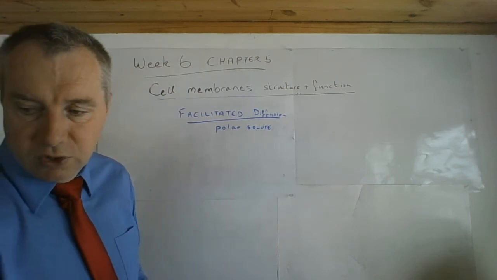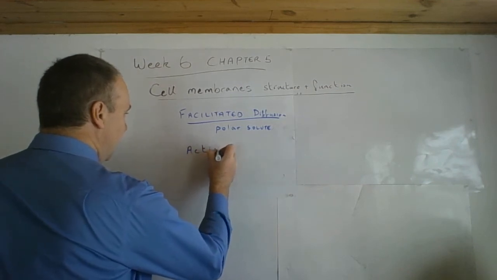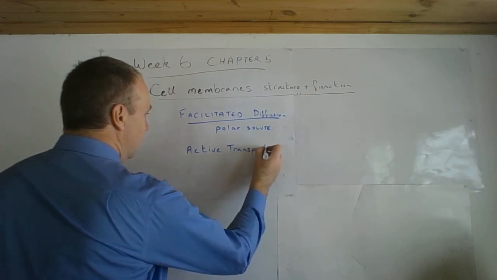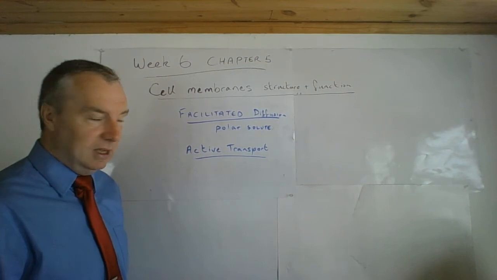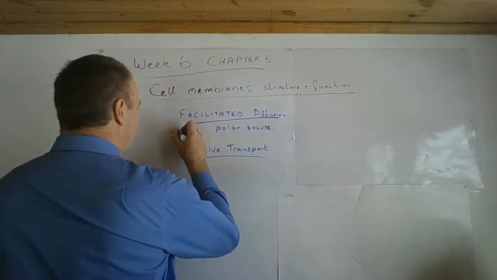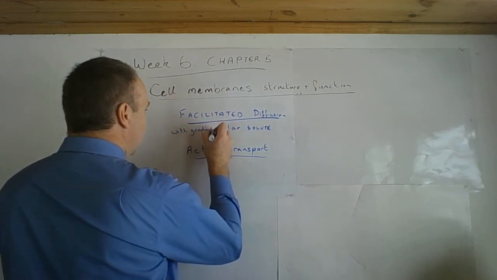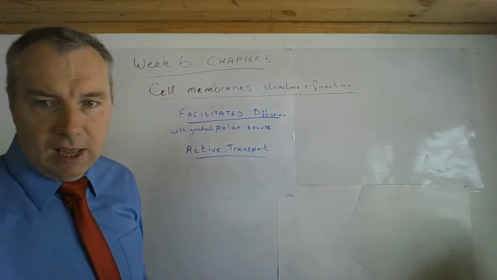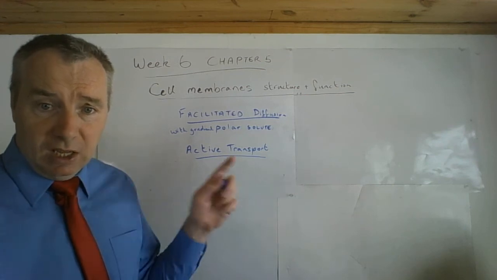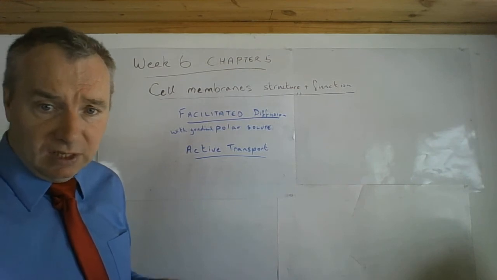Active transport is another type. Active transport is how K+, potassium, gets into our cells, and it's against the gradient. Facilitated diffusion is with the gradient, but the polar solute would be repulsed by the cell membrane if there wasn't a protein there to help pull it in, and that is facilitated diffusion.